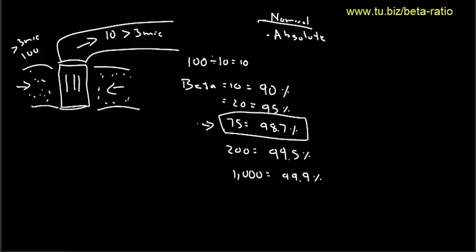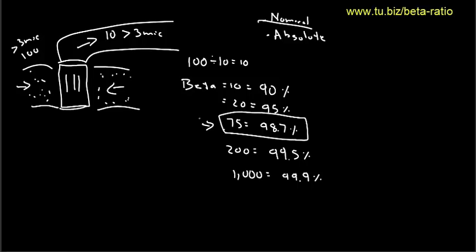Once you get to that beta 75, usually the filter should be good enough to maintain the contamination levels that you need in your hydraulic system. An efficient filter that can catch the particles that you need to catch would be able to maintain a certain level of cleanliness in your oil.